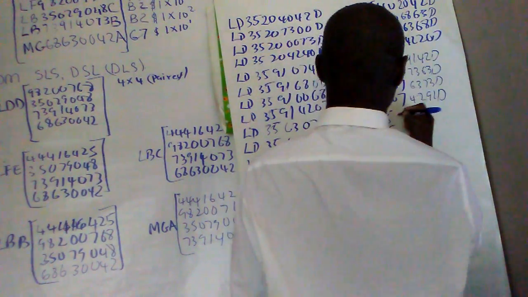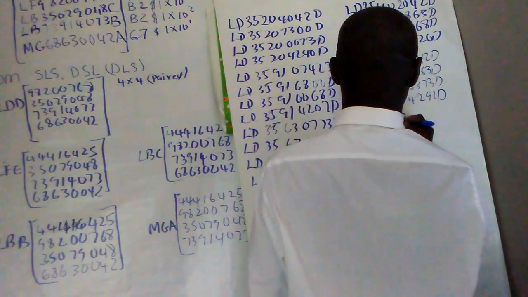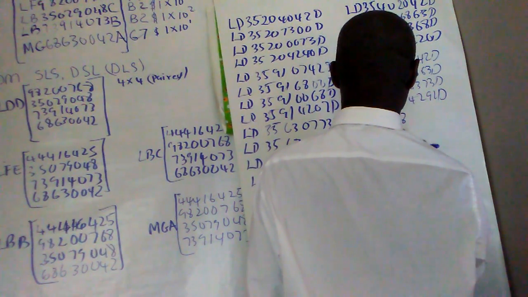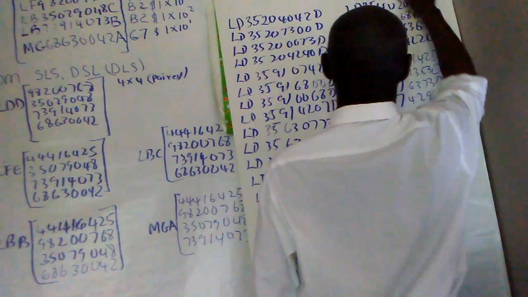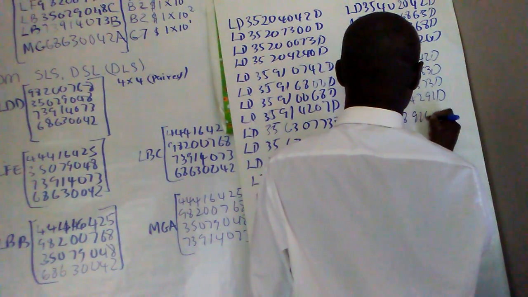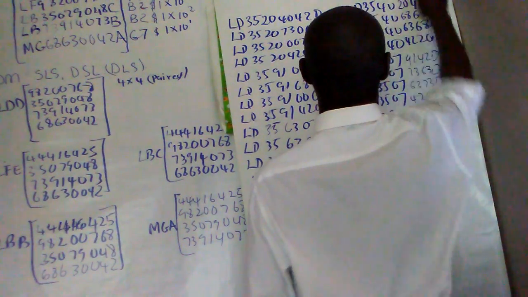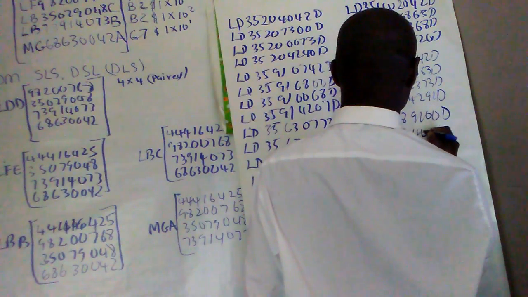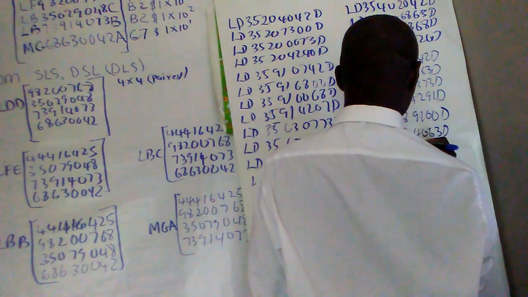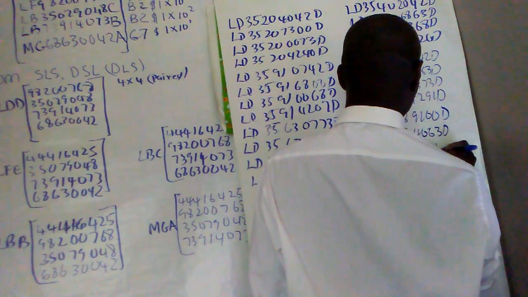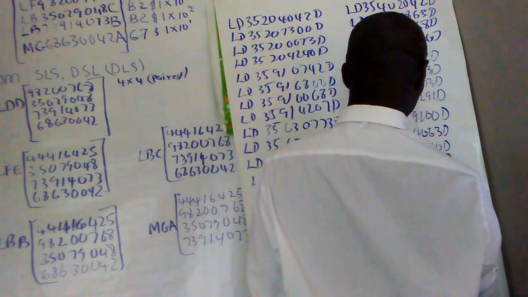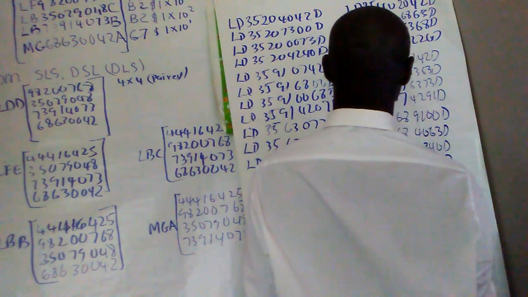And the next one will be 68. And we're left to go 9100 D and 4063 D, 63, 40 D, and 0091 D.